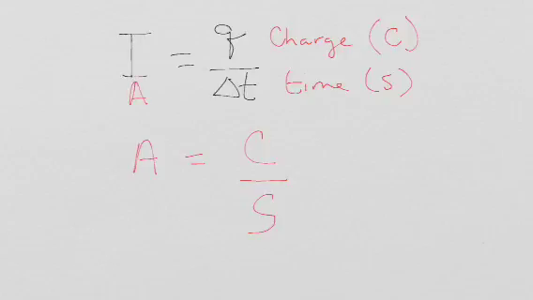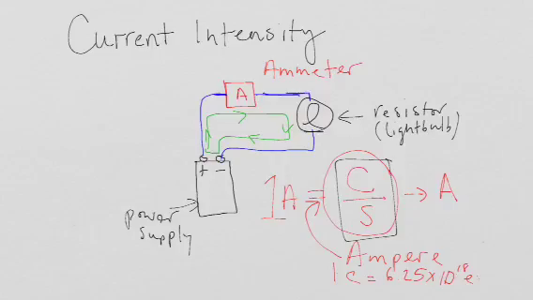Amperes, amps. So if I'm trying to measure the current intensity in a circuit, I'm saying how many coulombs pass by this spot right here every second. 1, 2, 3, 4. I'm getting a reading of coulombs.